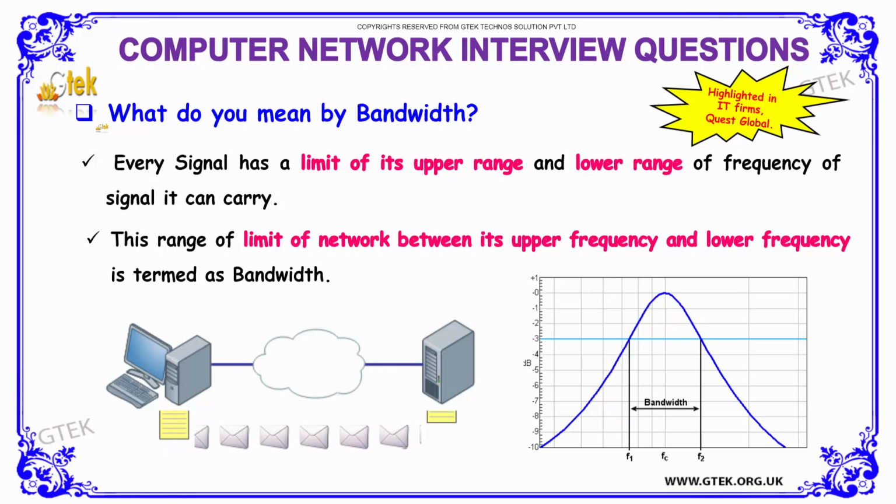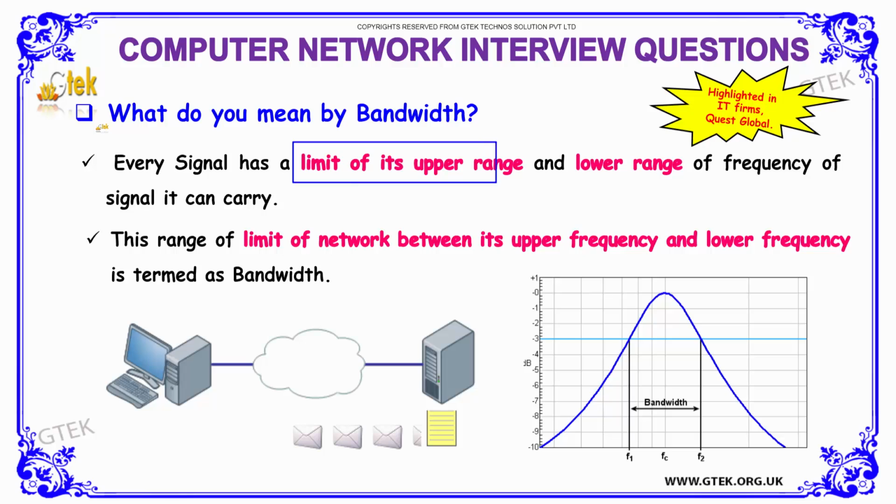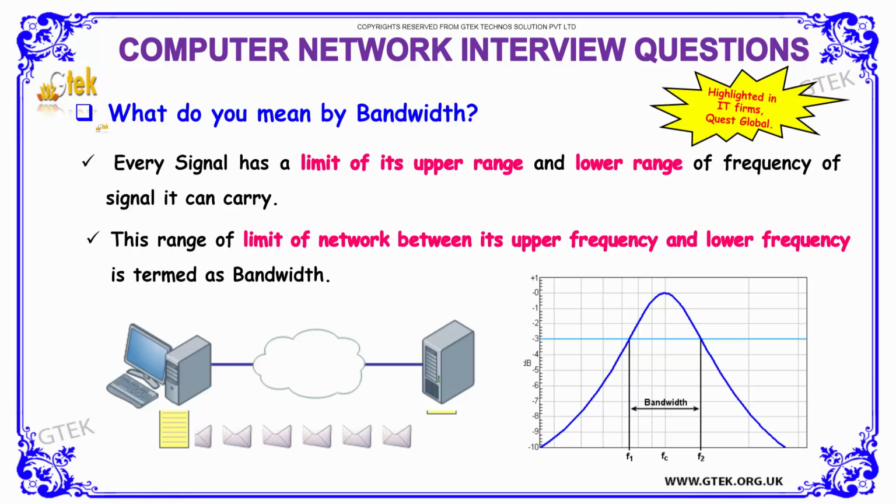Moving on to our next question, we have, what do you mean by bandwidth? Every signal has a limit of upper range and a lower range of frequency it can carry. This range of limit of the network between its upper frequency and the lower frequency is termed as bandwidth.